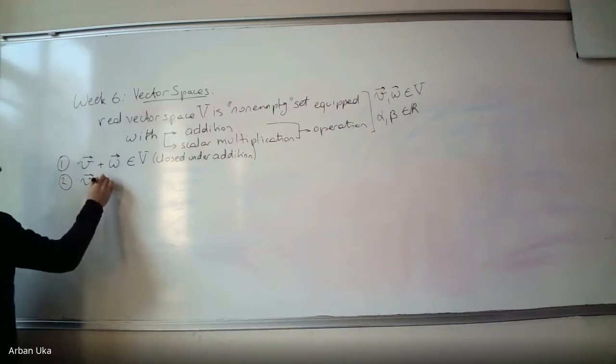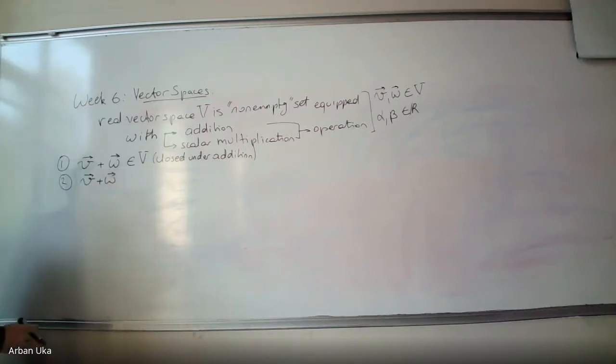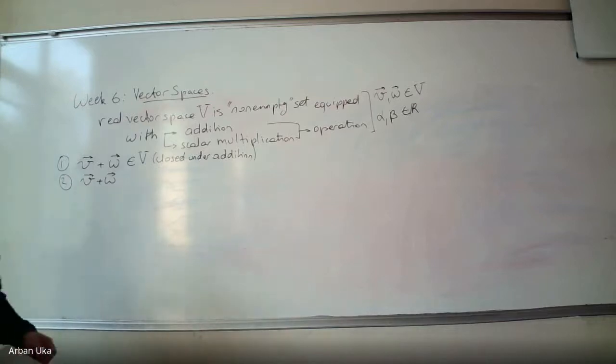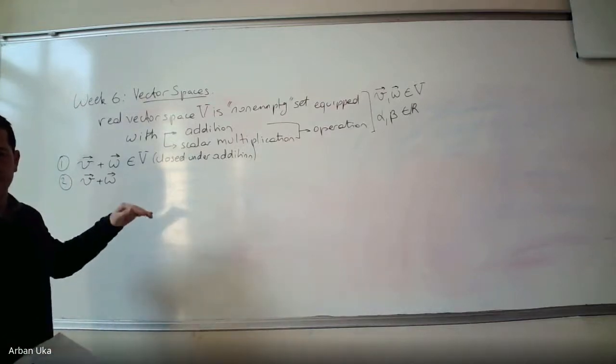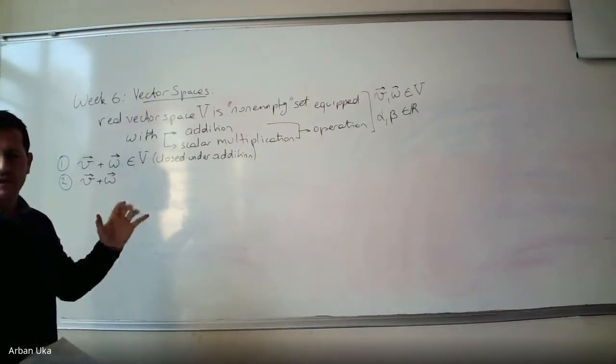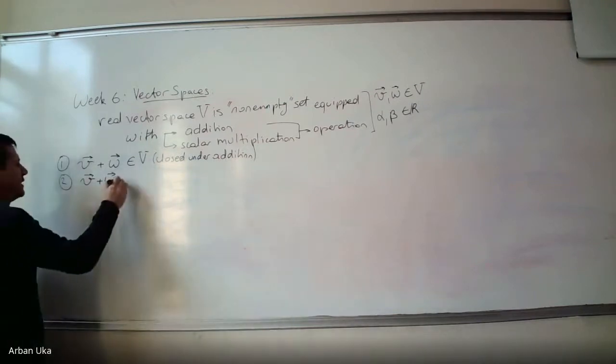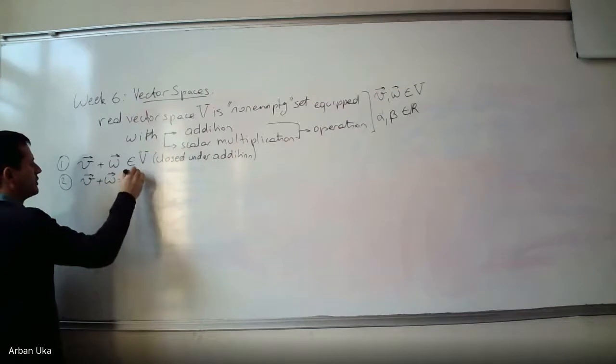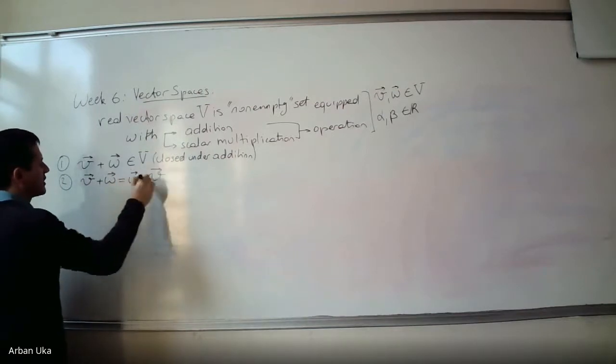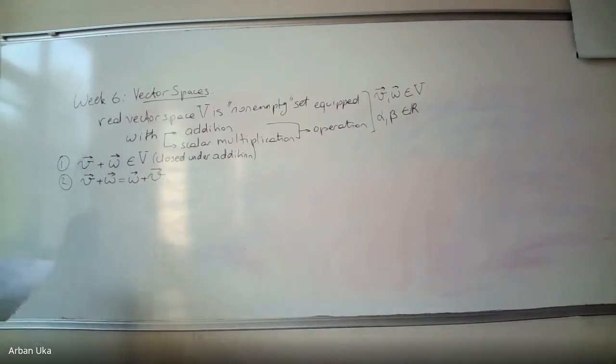The next one is V plus W. I want you to figure out which of these 10 properties we're going to write you already know, because I'm going to ask you in a few minutes. This one should be equal to W plus V. Would you expect such a property?